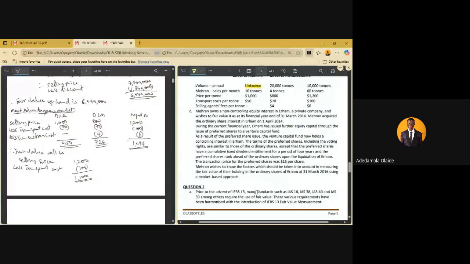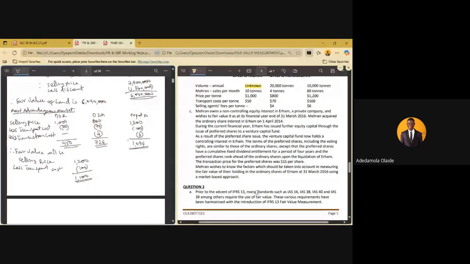As a result, the venture capital fund now holds a controlling interest in Eram. The terms of the preference shares include voting rights similar to those of the ordinary shares, except that the preference shares have a cumulative fixed dividend entitlement for a period of 4 years, and the preference shares rank ahead of the ordinary shares upon liquidation of Eram.